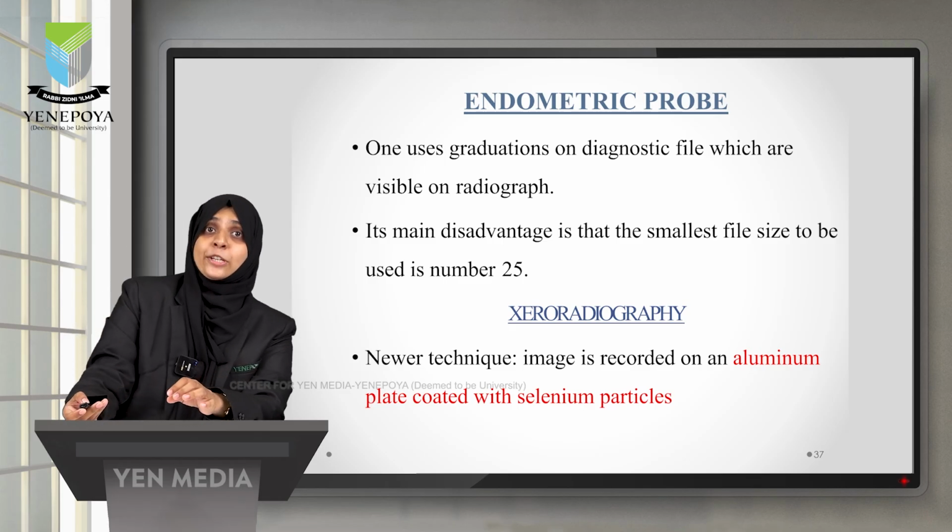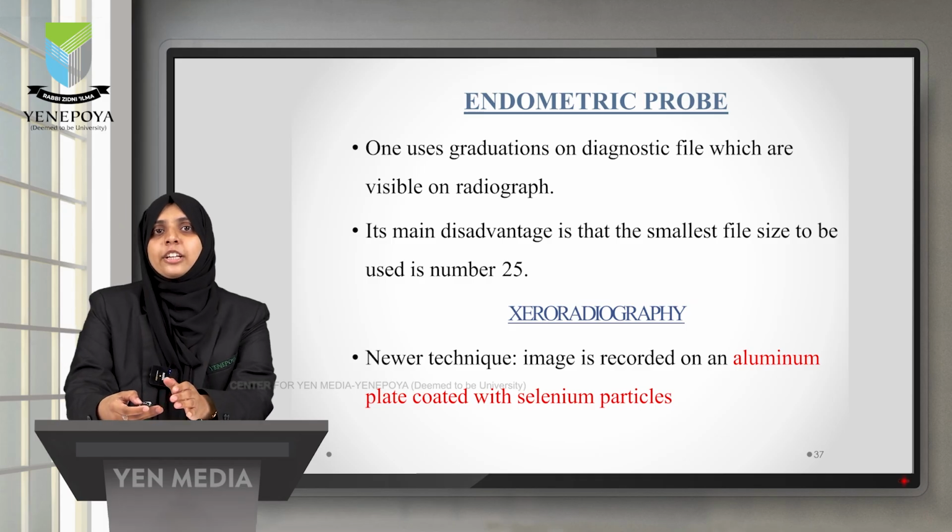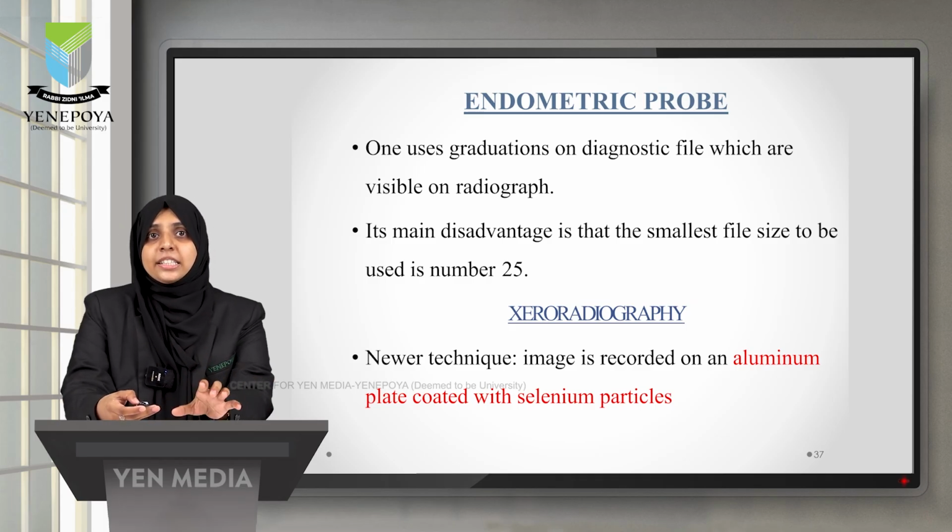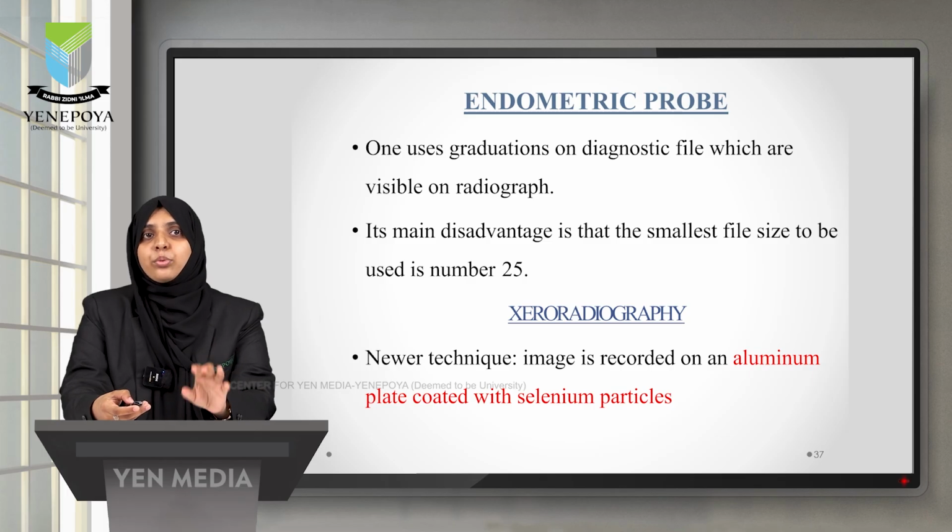Now coming to xeroradiography. It was a newer technique. In this technique they have not used film. The image is recorded on an aluminum plate which is coated with selenium particles.